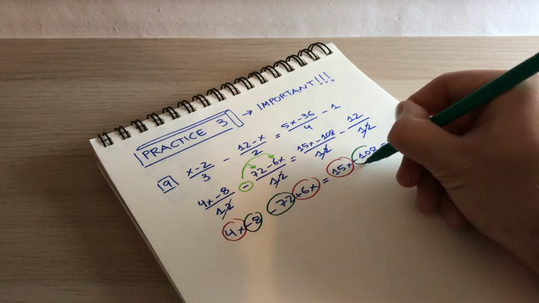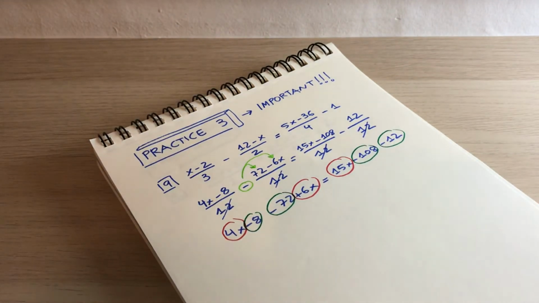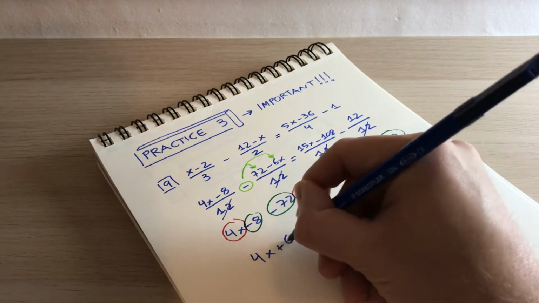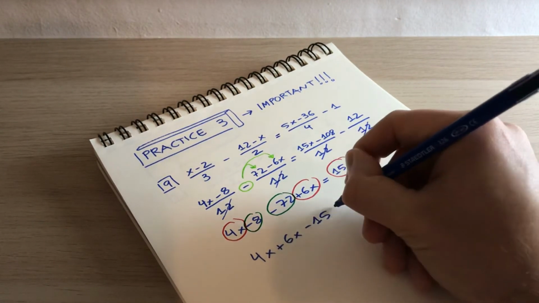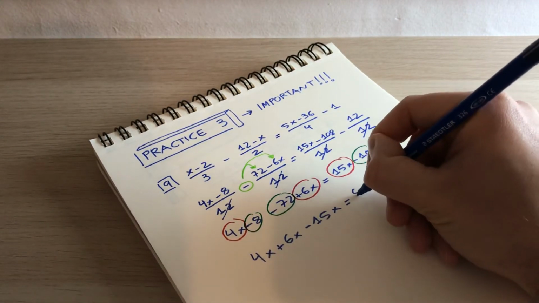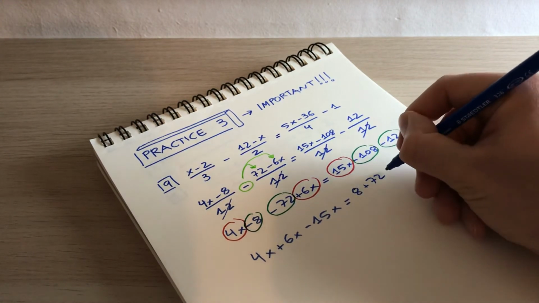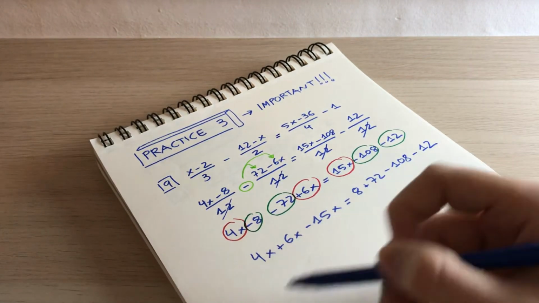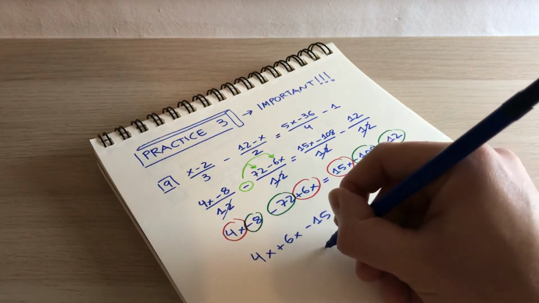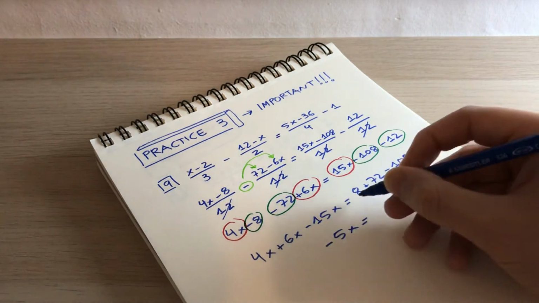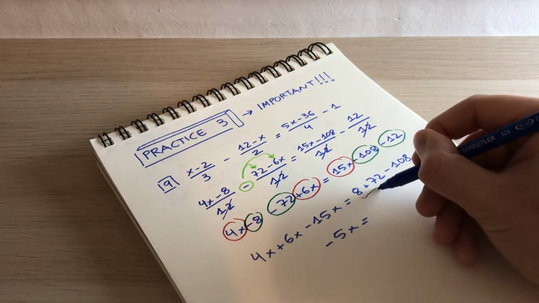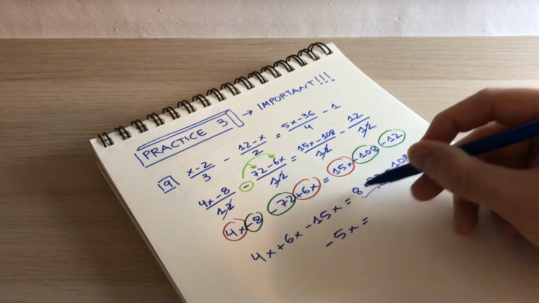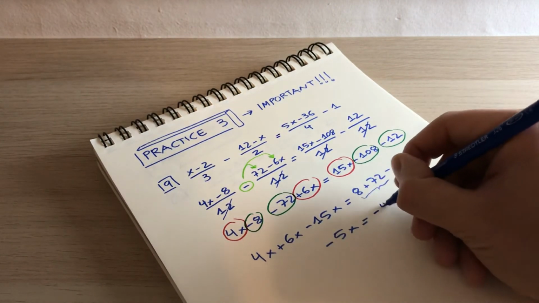So now we can collect. I'm going to write them down. This one is going to be minus 5x, and then you can see that this is 80 and this is 120 negative, so 80 minus 120 is minus 40.